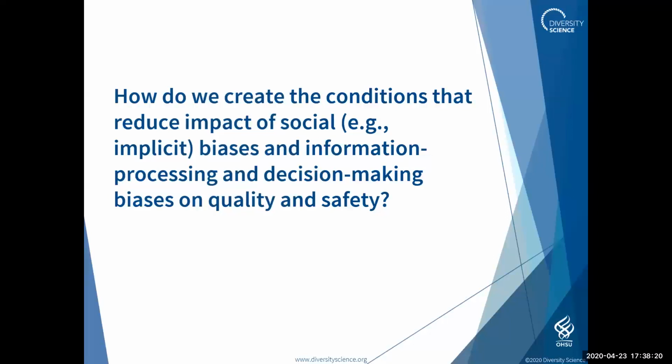So given that we're surrounded by this, and given that we have this sort of automatic way of interacting with the world, what do we do? We know a lot about when we are most likely to activate negative biases and when we are least likely. And we can apply that, if we choose to, to our organizational systems and to ourselves.